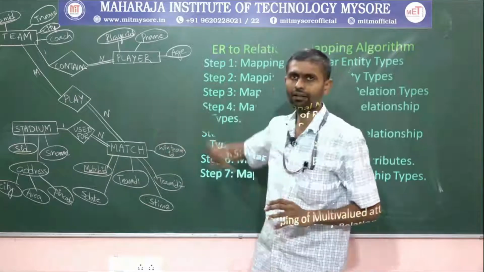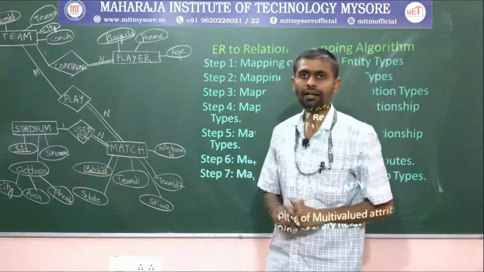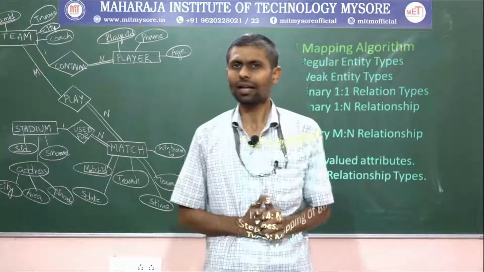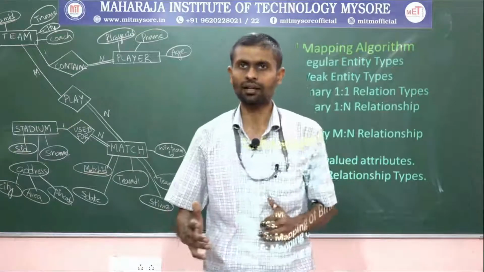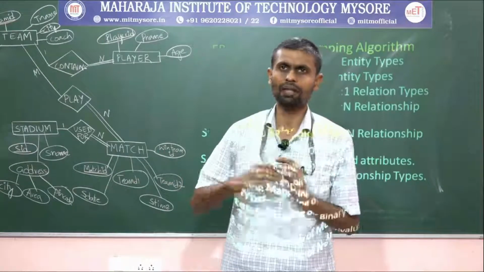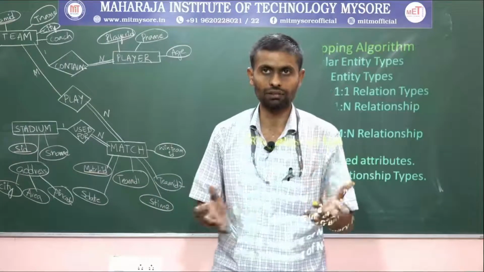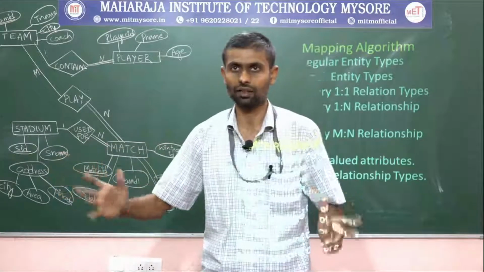The story behind this ER diagram is all about a cricket tournament, like an IPL. So what exactly is there in an IPL? There are plenty of teams contesting, and plenty of players, and each player is always associated with one team. A team contains many players, that is also sure.